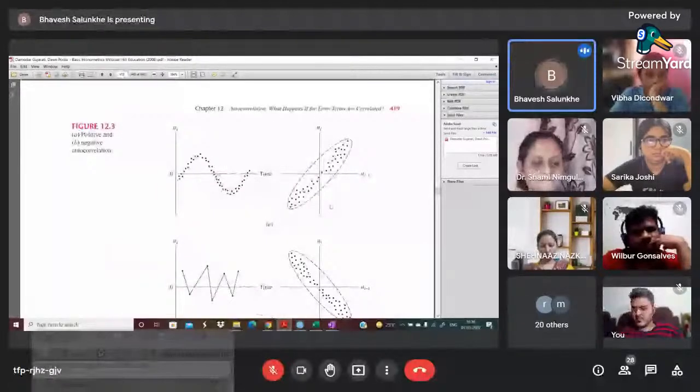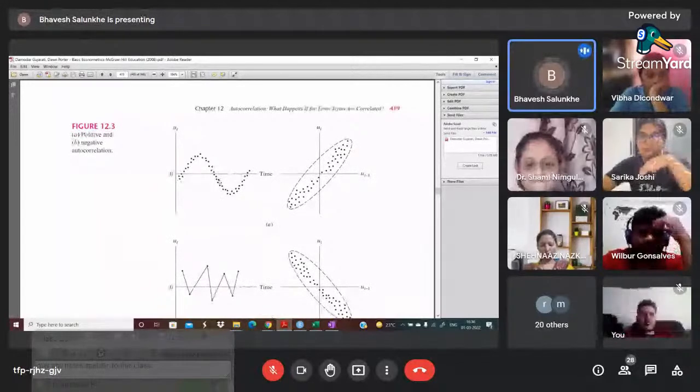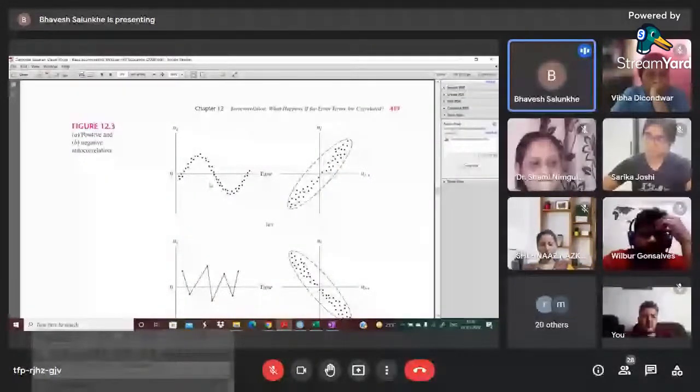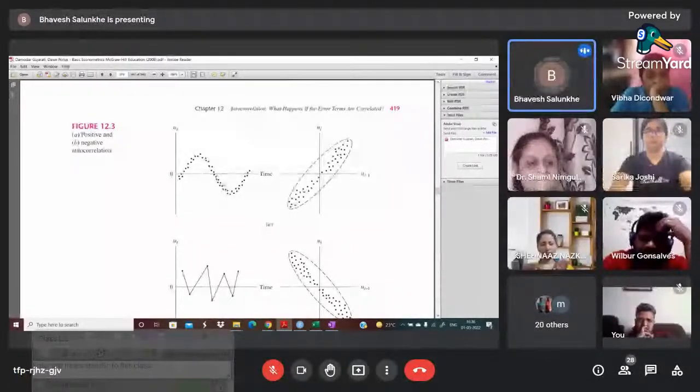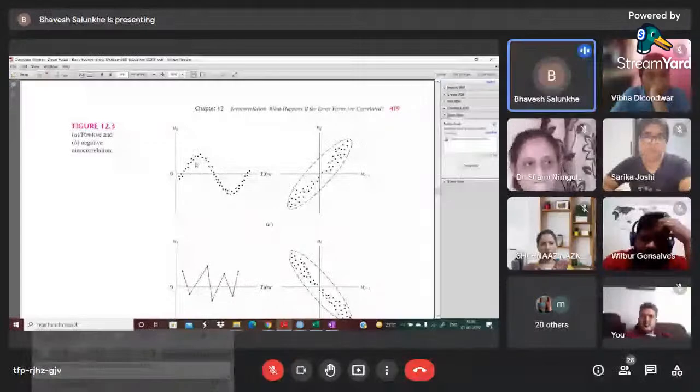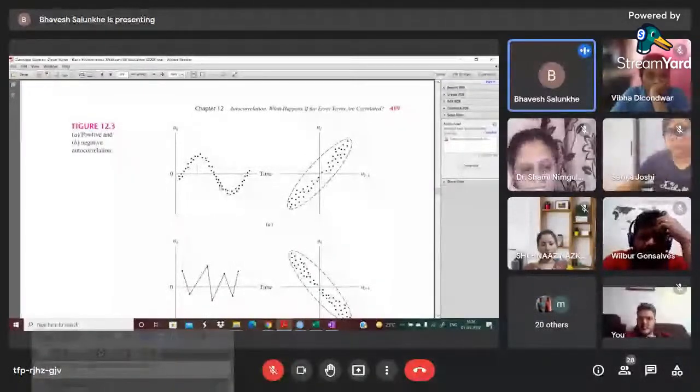You will see that error terms are not randomly spread. There is some pattern in the error terms because they are correlated. All the positive errors are bunched together over here, and all the negative errors are bunched together over here. So this is the case of positive autocorrelation. A positive error is followed by a positive error in the next period, and negative errors are followed by negative errors in the next period.